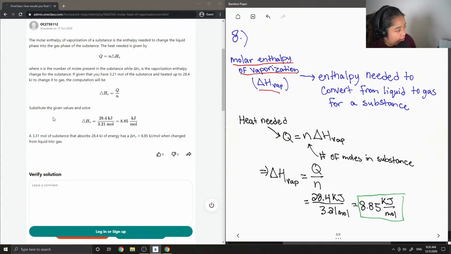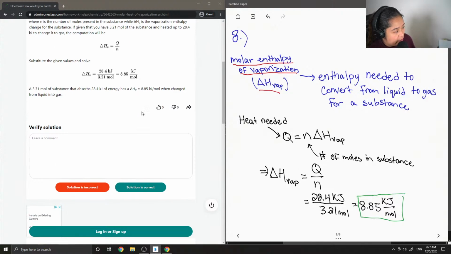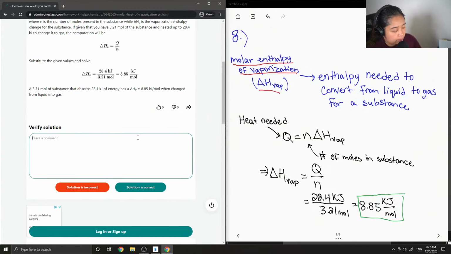Substituting the given values, delta H is equal to 28.4 kilojoules divided by 3.21 moles, which gives 8.85 kilojoules per mole. Yep, so this solution is correct.